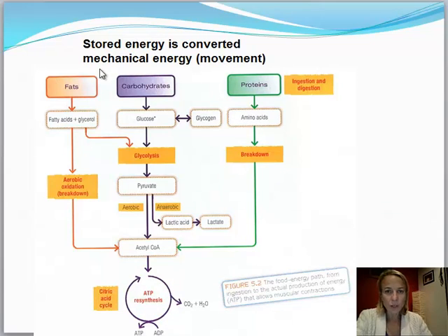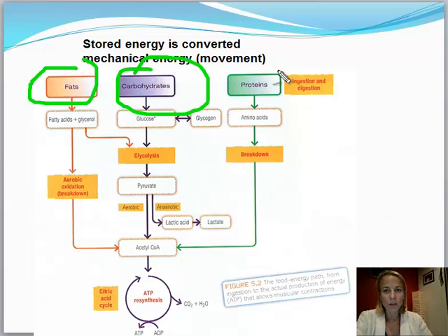So this table just shows us how each of the 3 nutrients are converted to energy. So our fats, our carbohydrates, and our proteins. All these 3 fuels are used in our citric acid cycle to produce ATP aerobically.